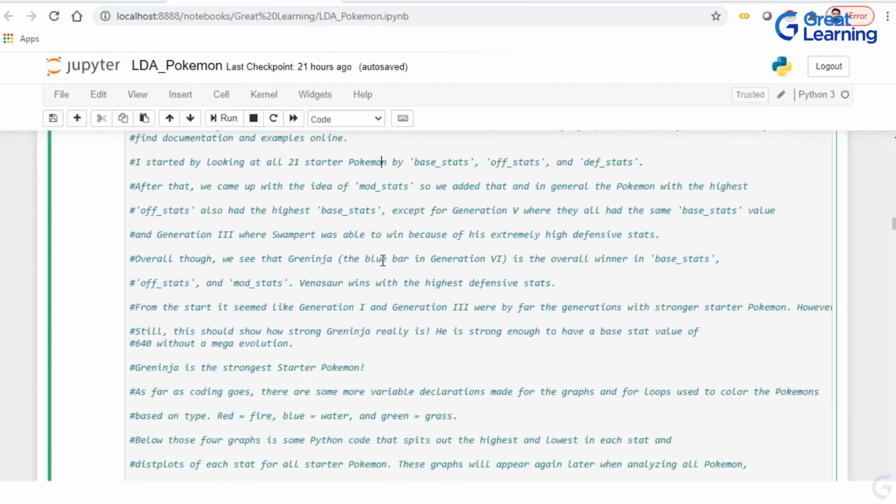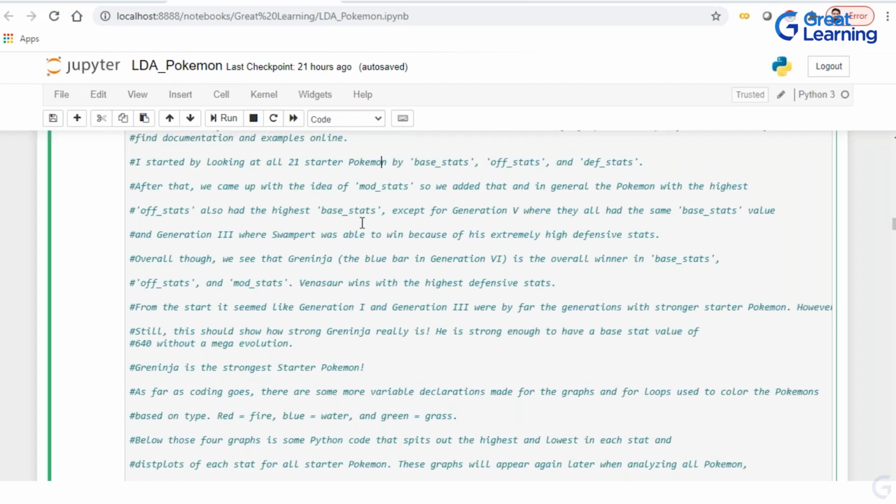So we started looking at all the 21 starter Pokemon with their base stat value, off stats value, and the offensive and defensive stats values, so that we can compare their mod stats with the highest and the lowest, and compare between the various generations.